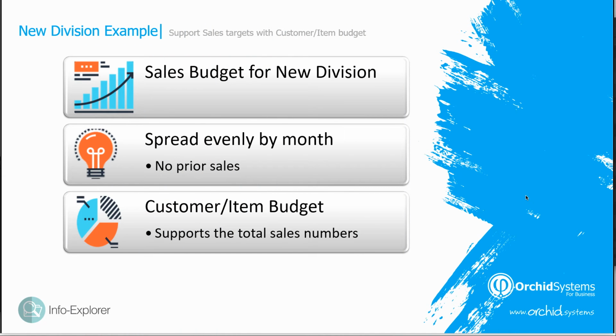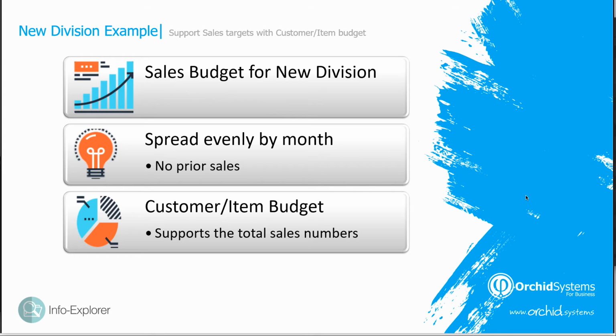We've looked at how Info-Explorer Writeback can help build sales targets for a new division. We can spread evenly by month even when we don't have prior sales, do some adjustments over the various months of our budget, and we can also set up, using Information Manager optional tables, budgets by customer and item, which support the total sales numbers.